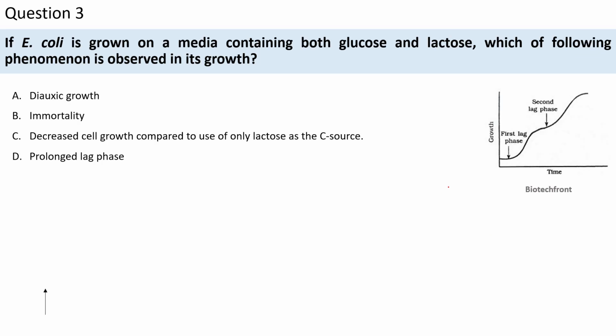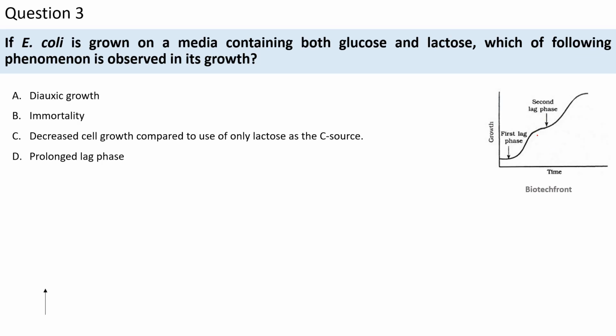First it will utilize glucose because that is the preferred carbon source, and once the glucose concentration goes negligible, close to 0, lactose will be available for the organism to take. If the lactose consuming genes are already present in the organism, it can utilize lactose, but only upon the complete exhaustion of glucose. That's what I mean.